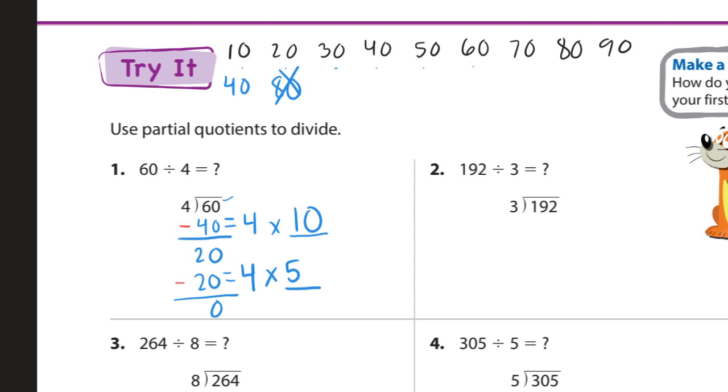So where's my answer? Remember over here and over here, I have to add these two numbers together, 10 plus 5. And my answer is 15. 60 divided by 4 is 15.